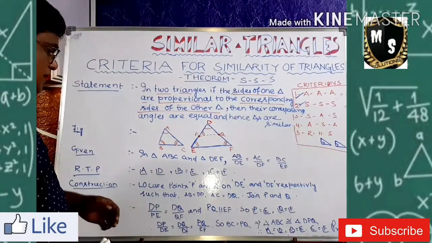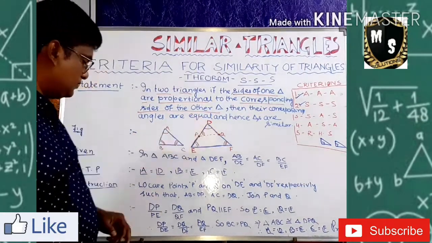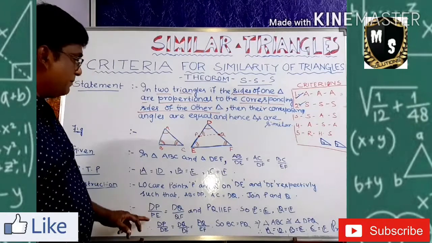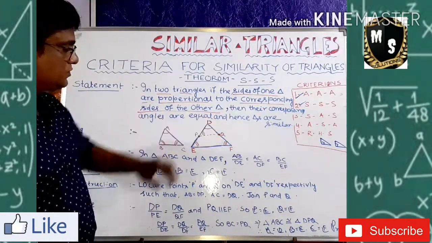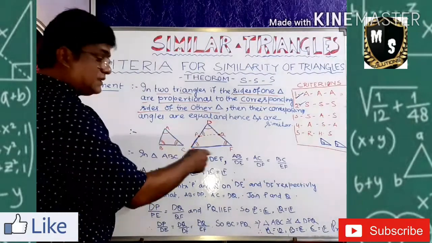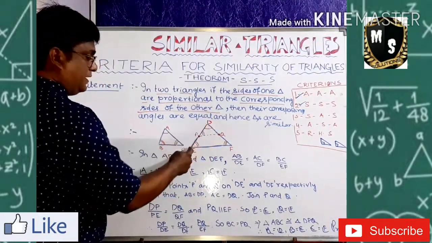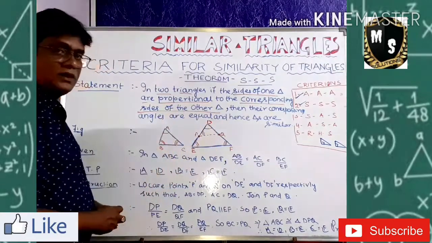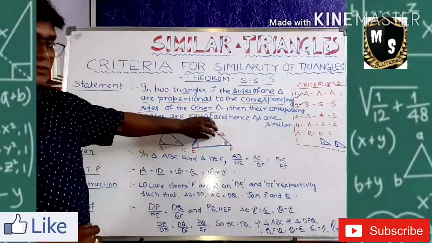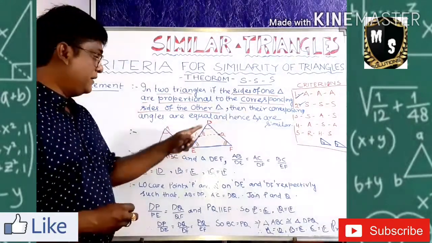Let's come to these two triangles. Go to the triangles DPQ and DEF, the small triangle and the big triangle. Clear? Because the triangle ABC is already here now. So you have to take this small triangle and the big triangle.